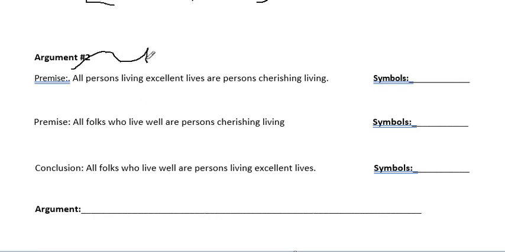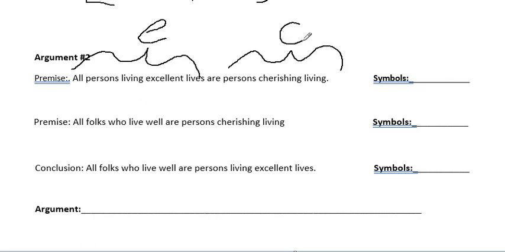So translating this first premise, we have all persons living excellent lives and persons cherishing living. So we'll call the people who live excellent lives E. That's the statement, people living excellent lives. And then we'll have C represent the statement, persons cherishing living. So if it's a person that lives an excellent life, then it should be a person that cherishes living. That's what the statement is saying.